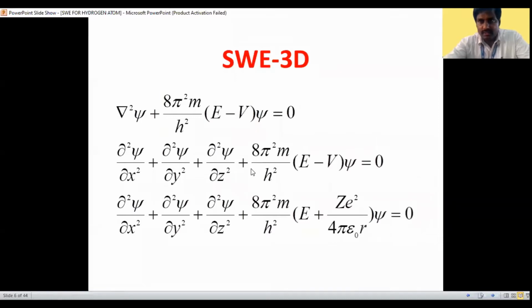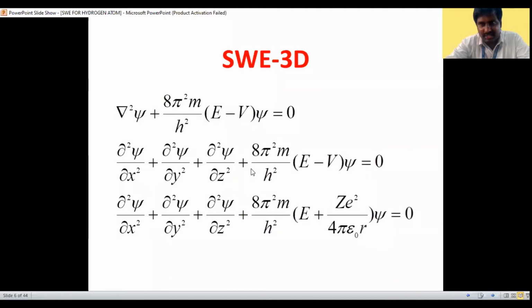And the simple representation of the Schrodinger wave equation for the three-dimensional box is delta square psi plus 8 pi square m by h square into E minus V into psi equal to 0.